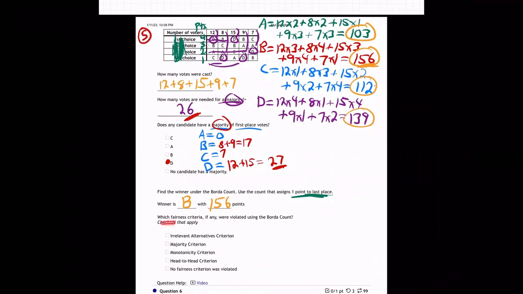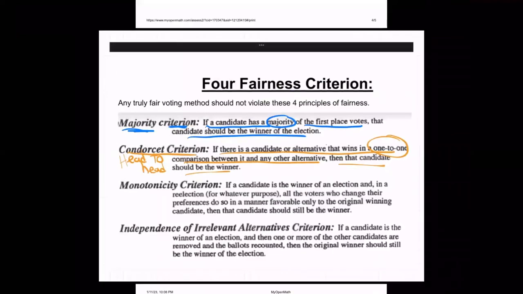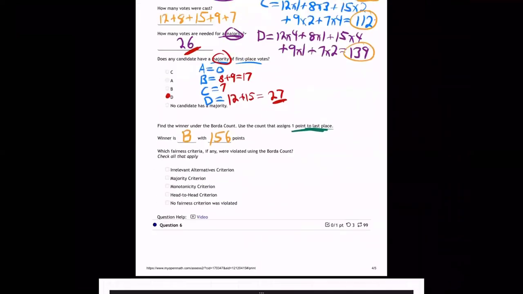Right down here it says, which fairness criteria, if any, were violated? What do they mean by that? Well, let me show you. Here are the four fairness criteria from your notes. First off, there's the majority criterion. And that says, if any candidate has a majority, that candidate should win. And that makes sense, doesn't it?